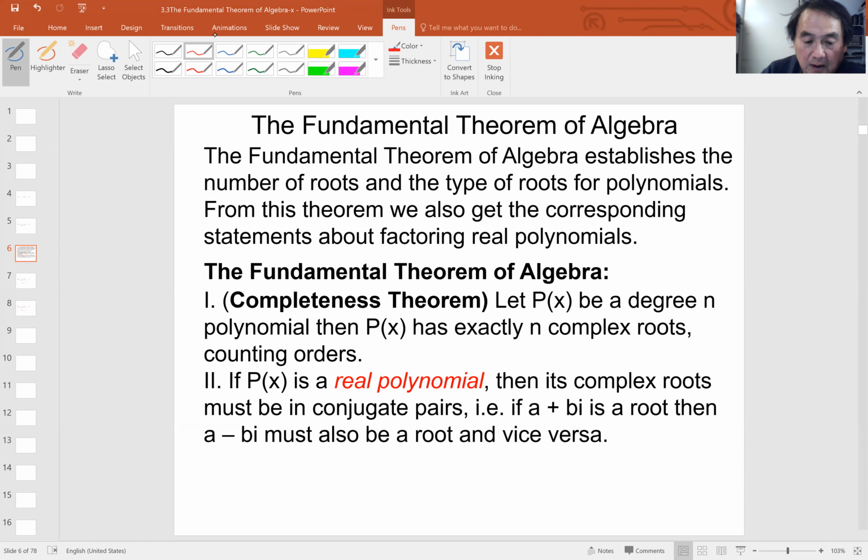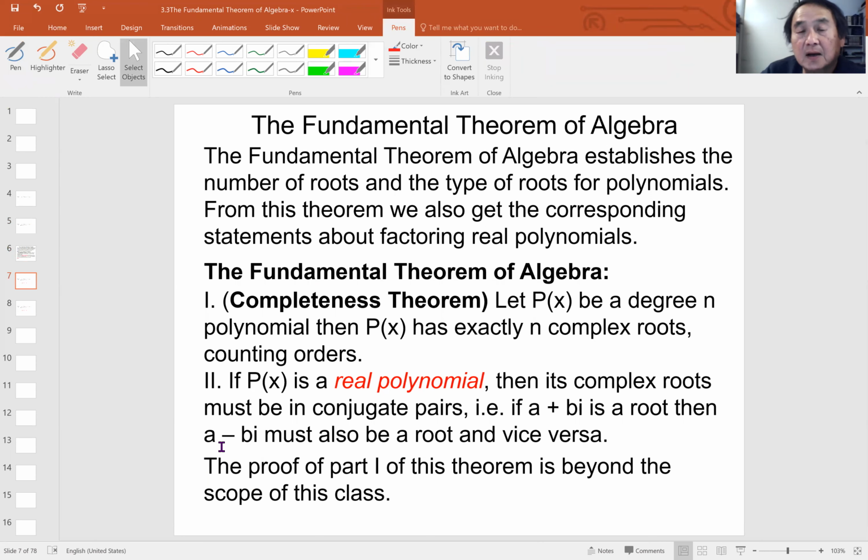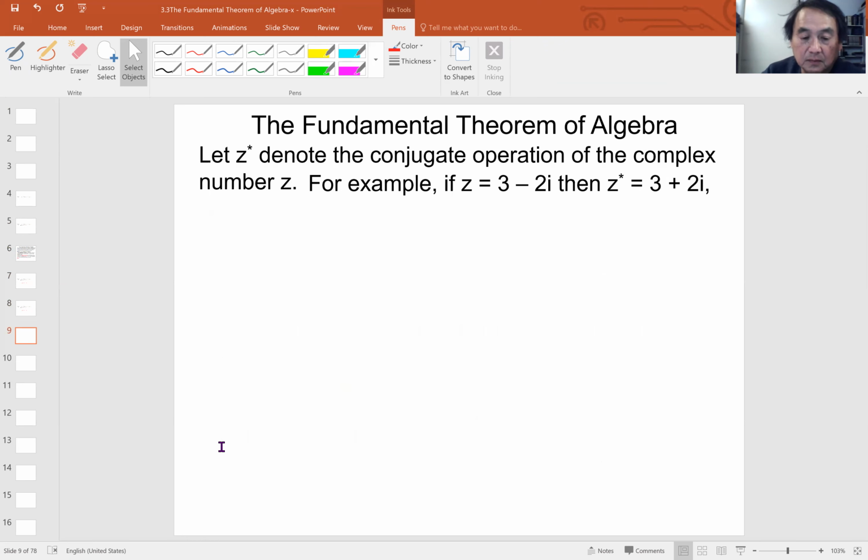If a complex root a plus bi is a root, then its conjugate must also be a root. So from there, we can write down how a real polynomial factors completely.